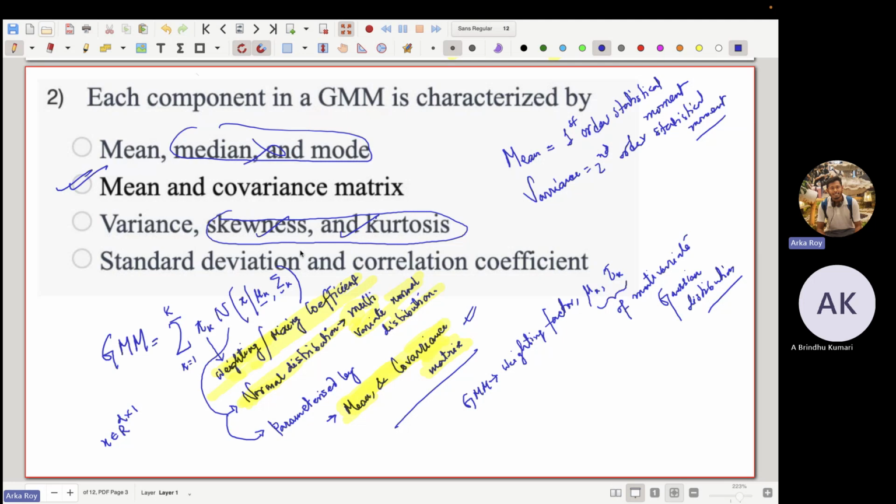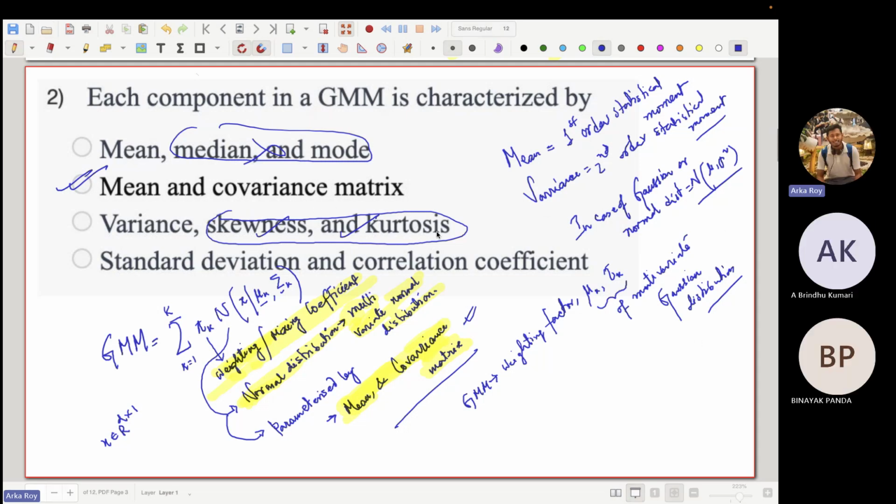However, in case of Gaussian or normal distribution, if it is not a skewed normal distribution, it basically follows the structure of the bell-shaped curve. Your normal distribution is parameterized by mu and sigma square, right? So you do not have skewness and kurtosis built into the equation.